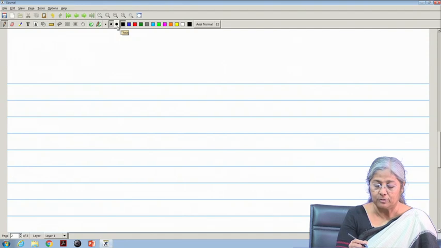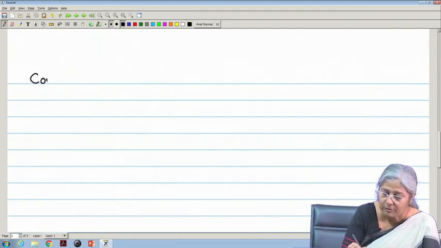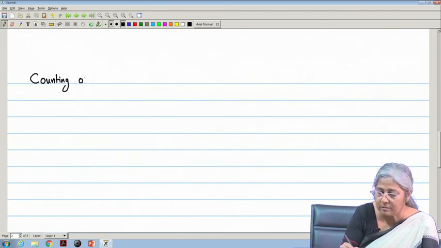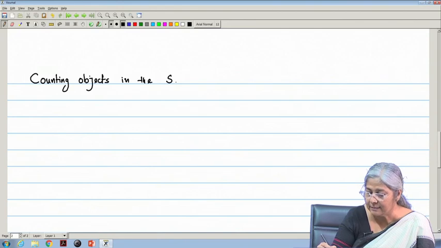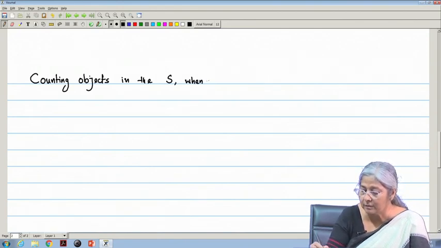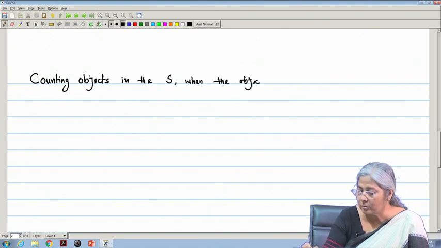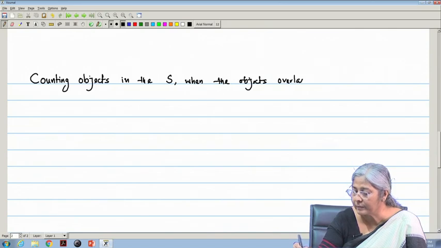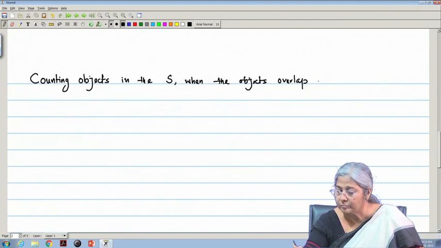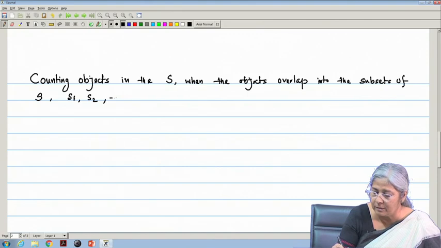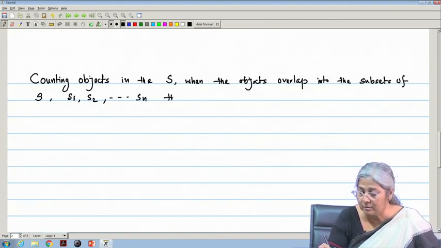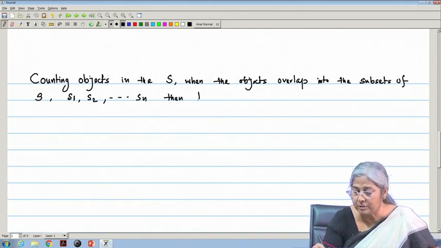So, counting objects in the set S when the objects overlap into the subsets of S, that is S1, S2, up to Sn, the inclusion-exclusion principle is used.